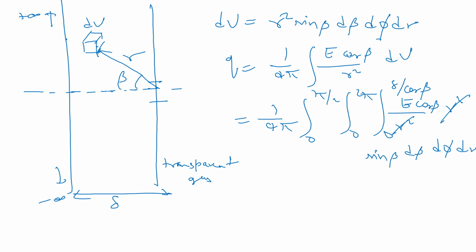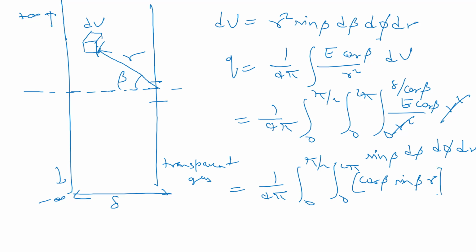And if we take the integration first with respect to R, then we'll get 1 upon 4 pi integration 0 to pi by 2 integration 0 to 2 pi cos theta sine beta and into R from 0 to del upon cos theta d beta d phi.